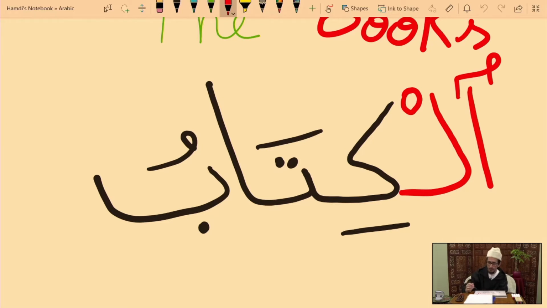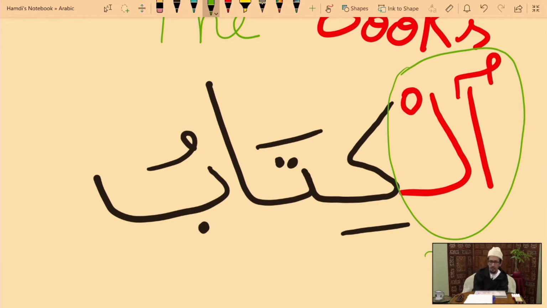We add al. This is the tool. That's the equivalent of the in English. Understood? And that's the book.